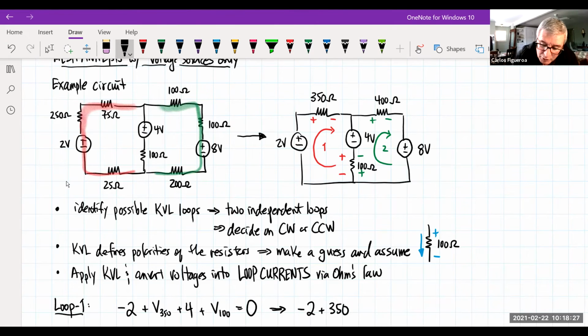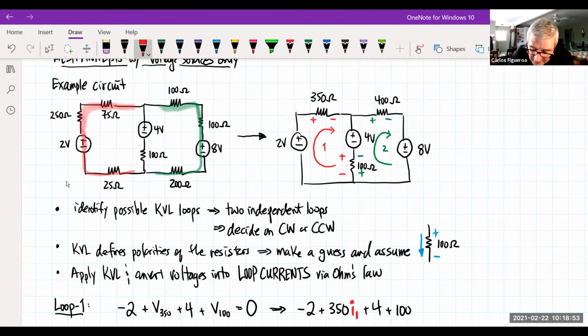350. Now the loop current in here is going to be I1. Okay, and then I get the +4, and then I get the voltage of the 100. But note that there's 2 directions to that current here. You know what? I'm going to be coloring these guys to try to really identify what I'm talking about.